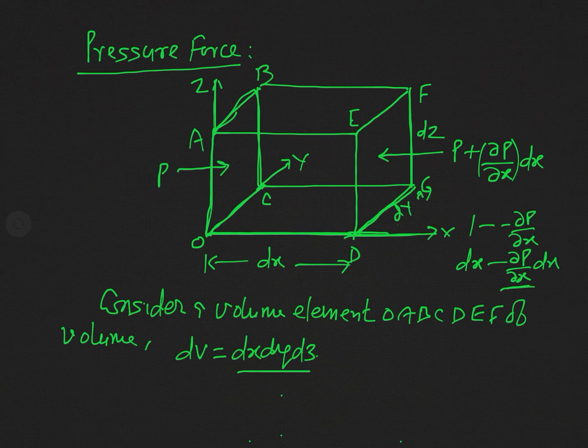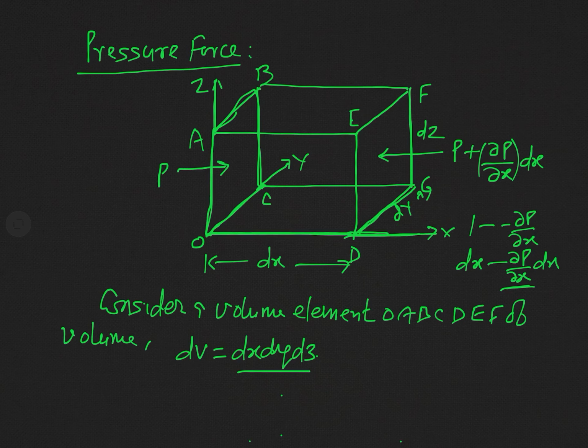Now, as I have told you, the pressure acts on this surface OABC, and you know pressure always acts normal to the surface, so this is the normal pressure acting on the face OABC, and that is P, and on the face DEFG it is P plus del P by del x into dx, which I have explained.